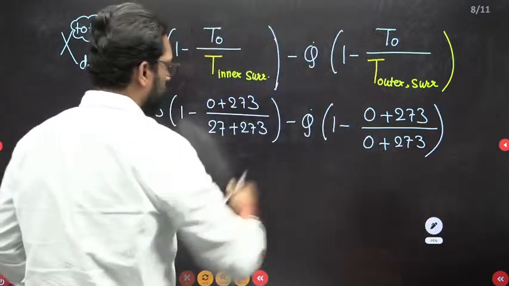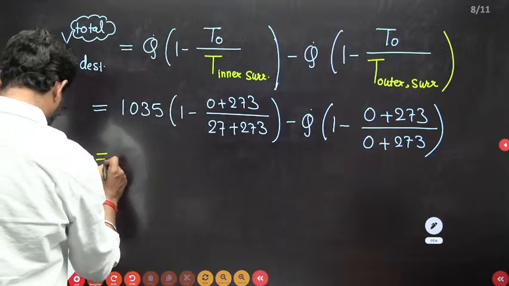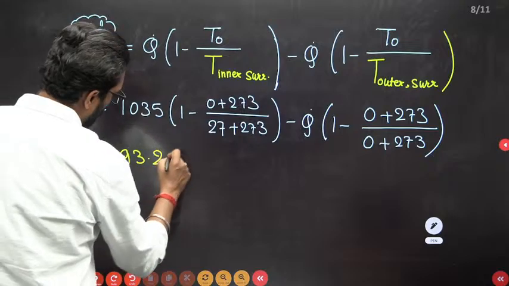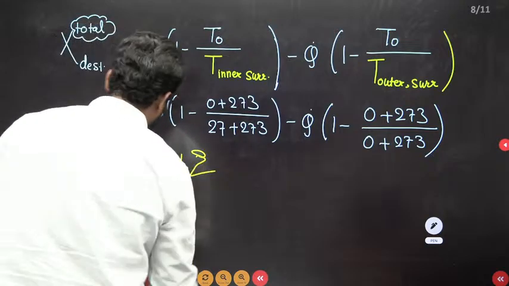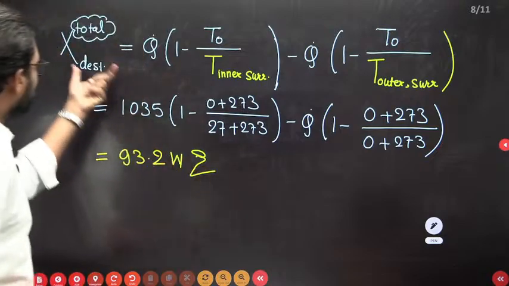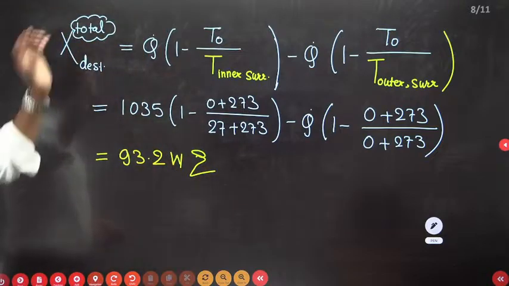Clear? So this is 0. If you find this one, this is your 93.2 watt. Right? So this is your exergy destruction total.